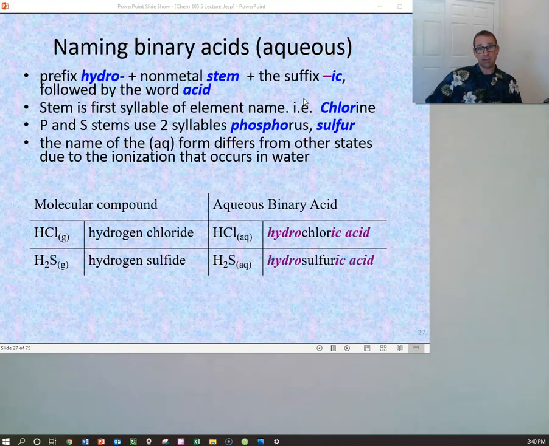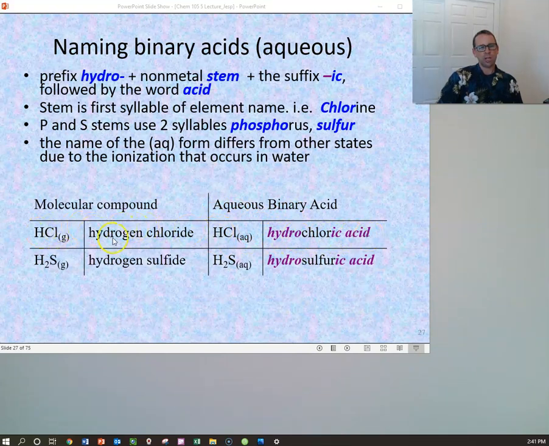So HCl is an example of a binary acid. HBr, binary. HI, that's binary, right? Just two different kinds of ions. All right? And that kind of acid is named following this model. HCl is called hydrochloric acid.